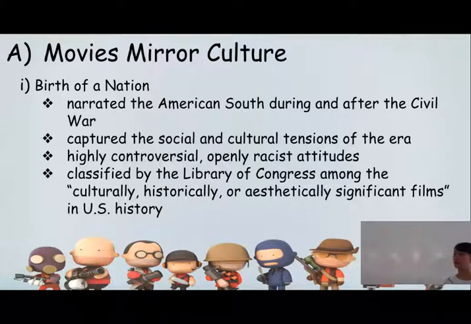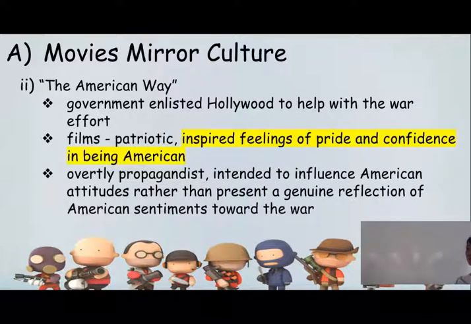Some North Americans clapped for this movie, but some of them were angry because of its highly controversial and openly racist attitudes, and they also started riots because of this movie. But in the end, this movie was still classified by the Library of Congress among the culturally, historically, and aesthetically significant films in U.S. history.